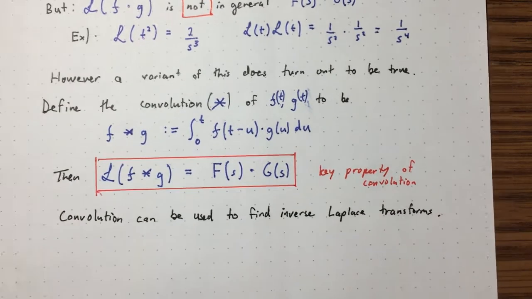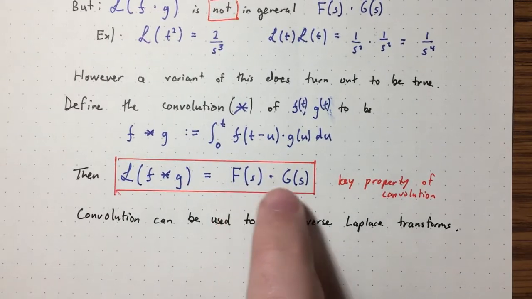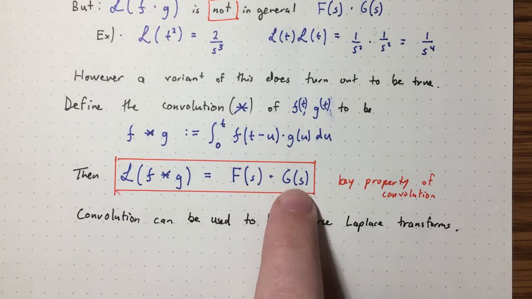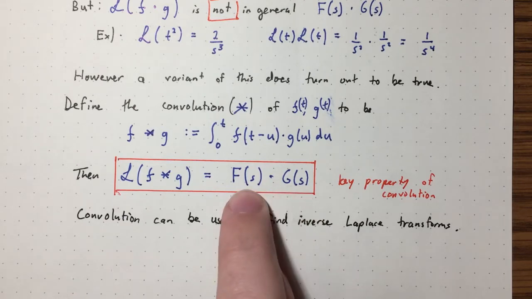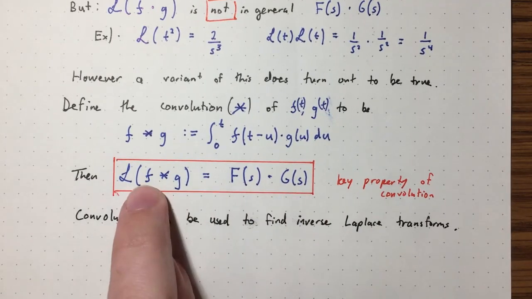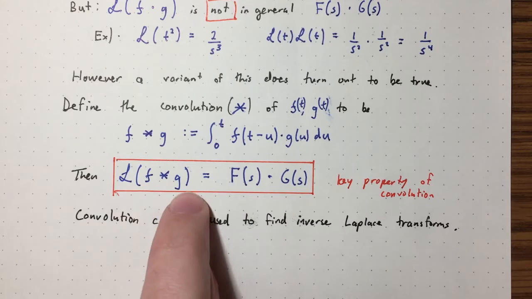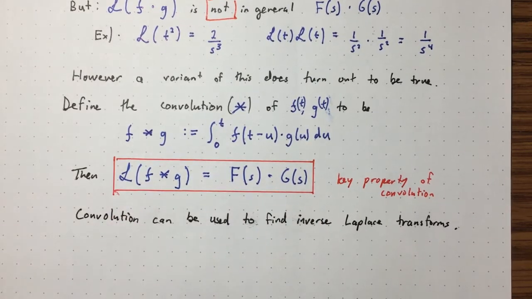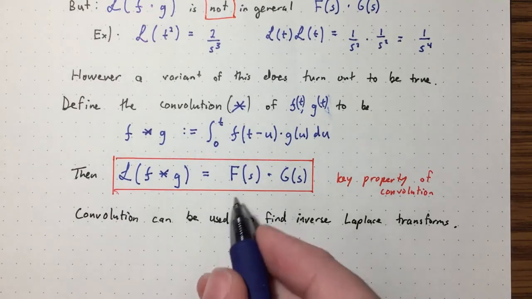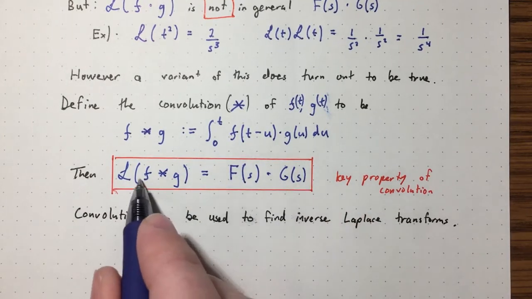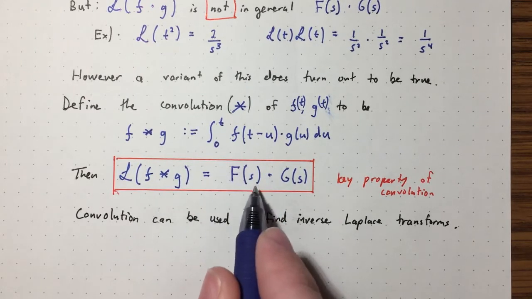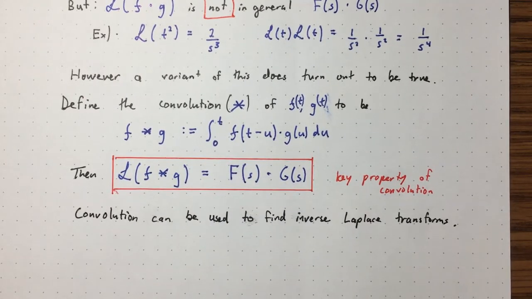Okay, and you might see how that could work. So what if we have something in the s domain that we can write as a product of two functions, each of which has a Laplace transform that we can figure out? Well, then the inverse Laplace transform is just going to be the convolution of f and g, where f is the inverse Laplace transform of capital F, and g is the inverse Laplace transform of capital G.